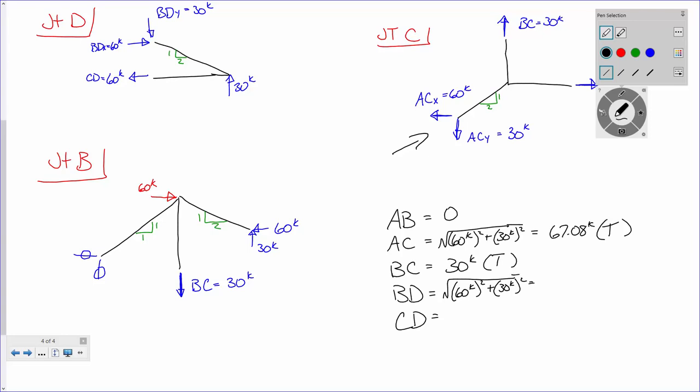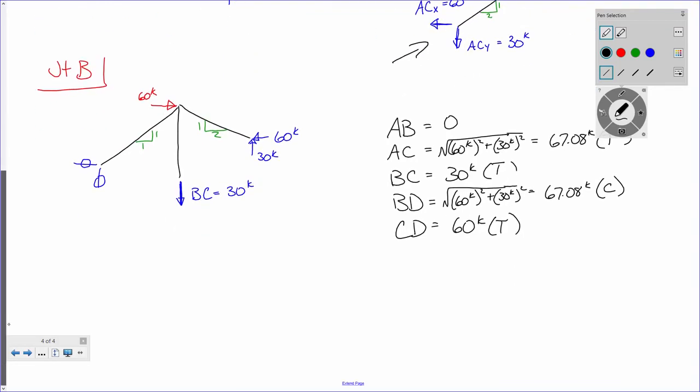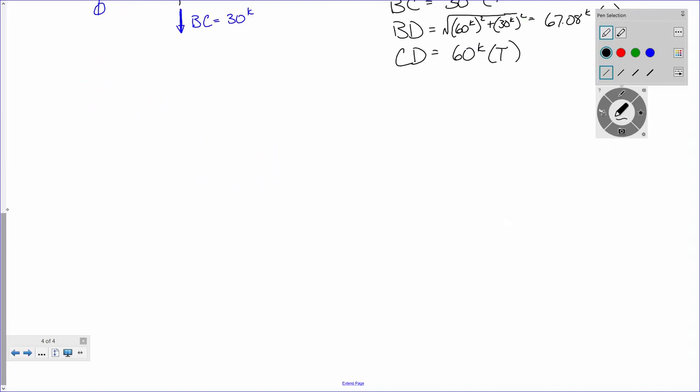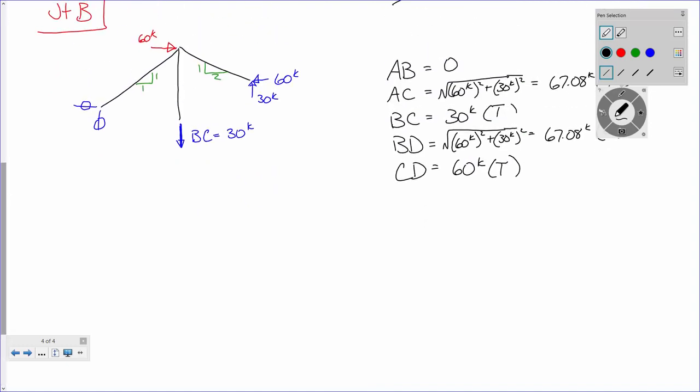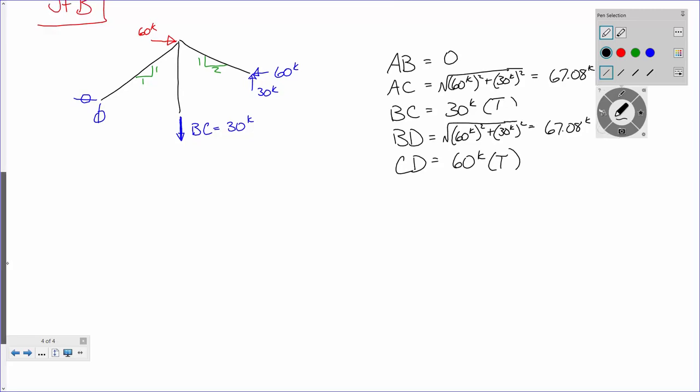And then what's left? We've got CD, which is 60 kips and tension. Is everybody good?